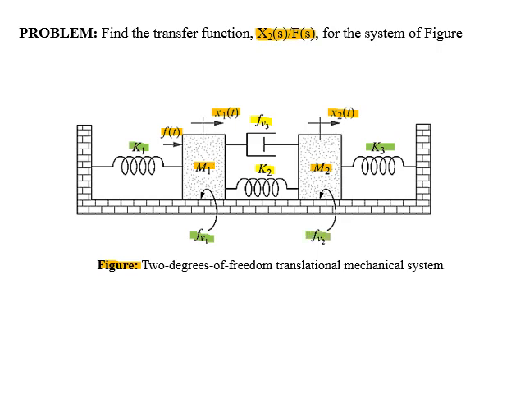We'll find the relation X2(s) over F(s), which means with this transfer function, we can find what linear displacement will be covered by M2 when an externally applied force f(t) acts on M1.